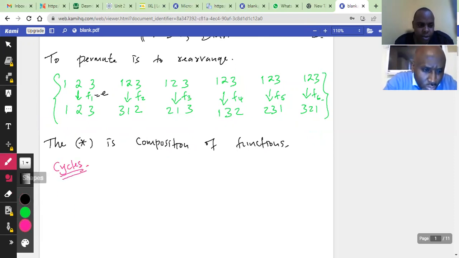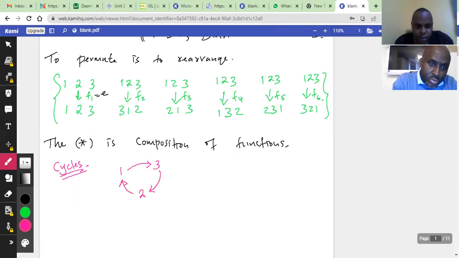What is F2 doing? It's taking 1 to 3, and then 3 goes to 2, and then 2 goes to 1. So this is the function F2.